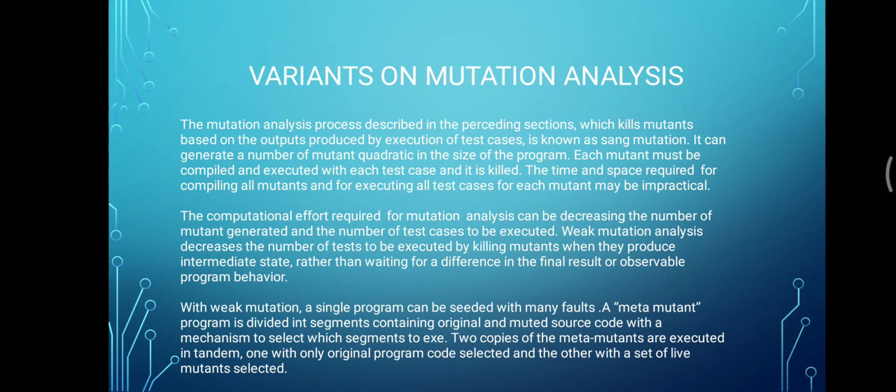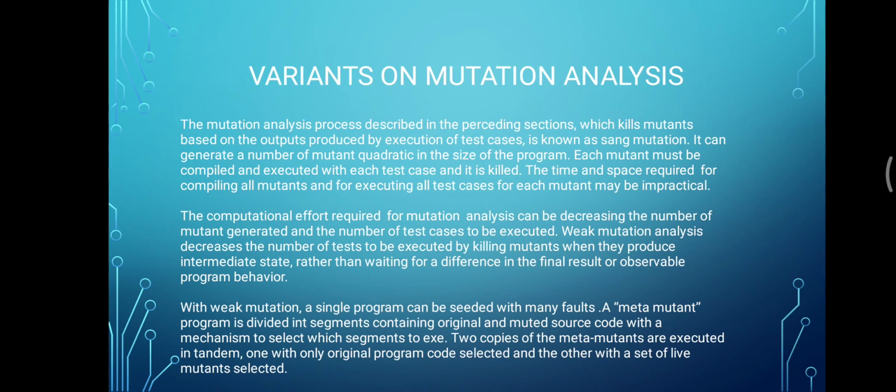At a time, the time and space required for compiling all mutants and for executing all test cases for each mutant may be impractical. It is saying that the time and space required to compile, execute and kill those mutants are not practical, and we cannot say how long the average time to kill those mutants is.